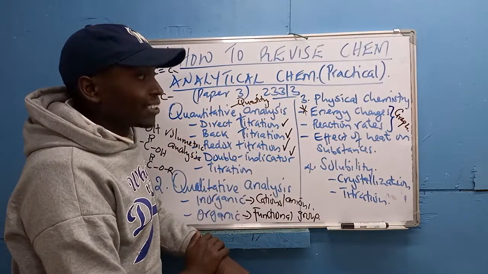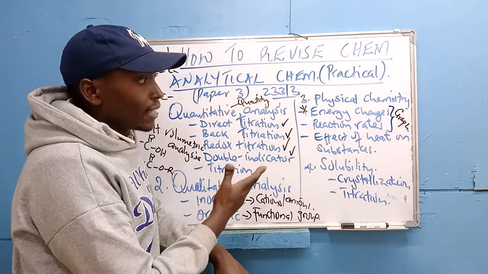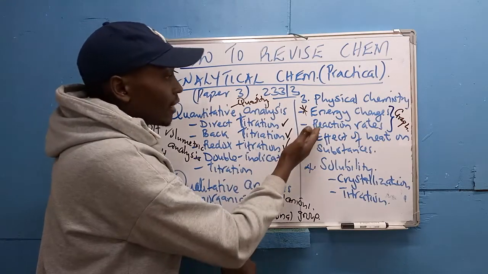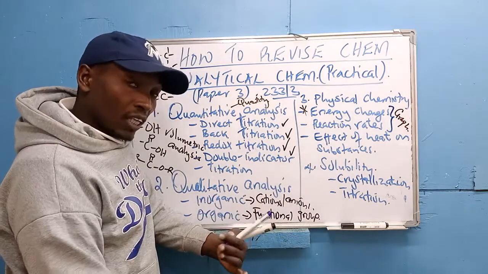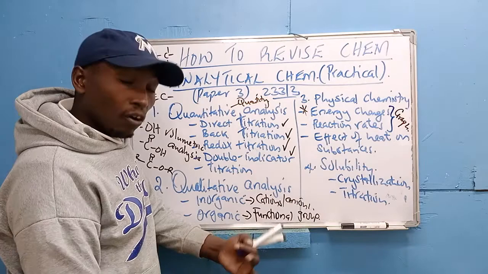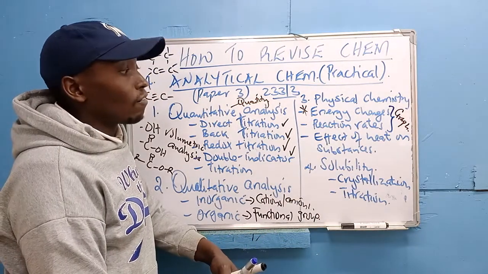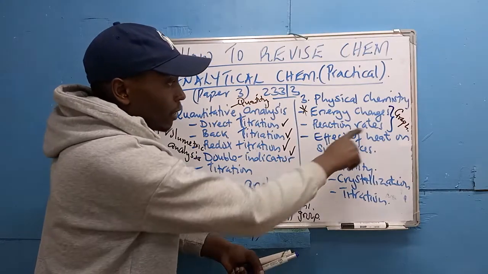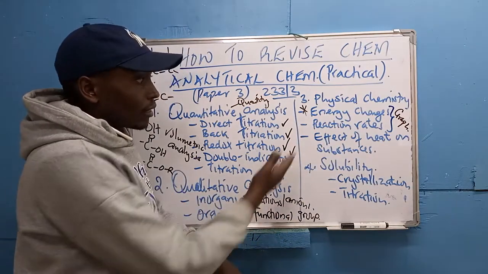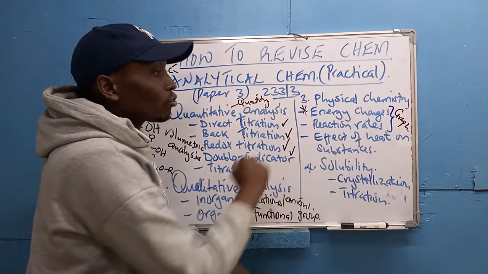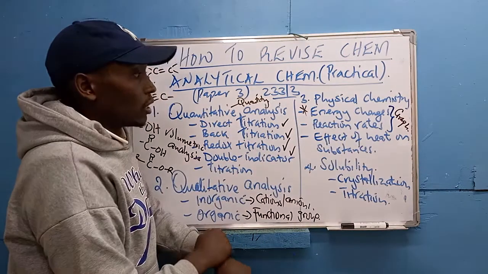Maybe the one for combustion, not very easy to be examined, but the three are very much likely. The rates of reaction: how temperature affects the rate of reaction, how concentration affects the rate of reaction. Those two areas are very examinable under the reaction rates in paper 3. So the student needs to revise this and learn how to draw the graph, the extrapolation graphs.